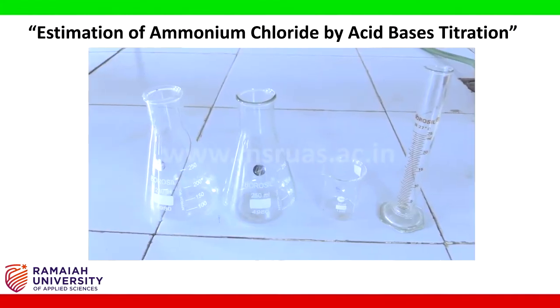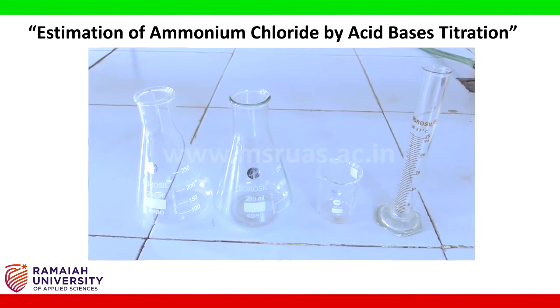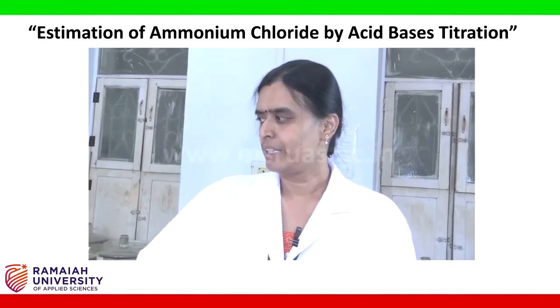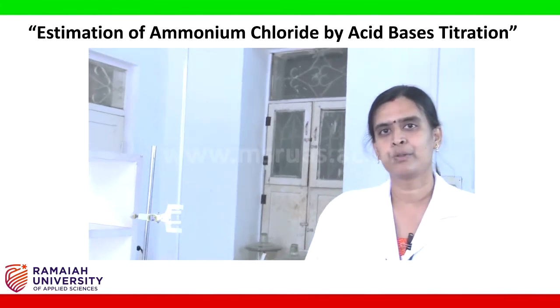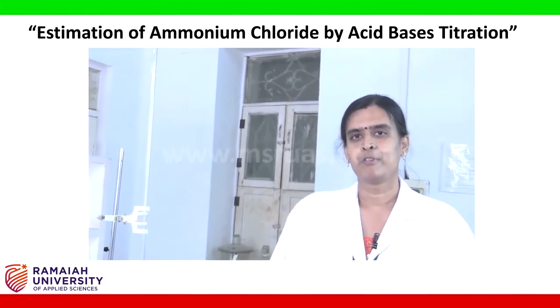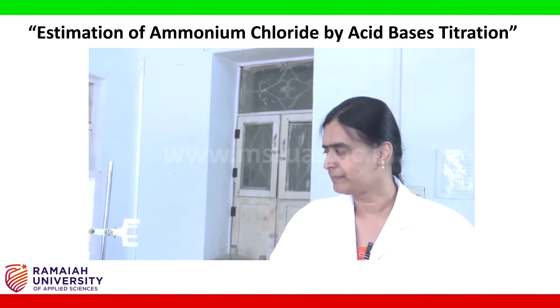All the apparatus used in the experiment should be thoroughly cleaned with water. The burette should be rinsed with the titrant used, that is 0.1 normal sodium hydroxide solution, before we proceed to the titration.